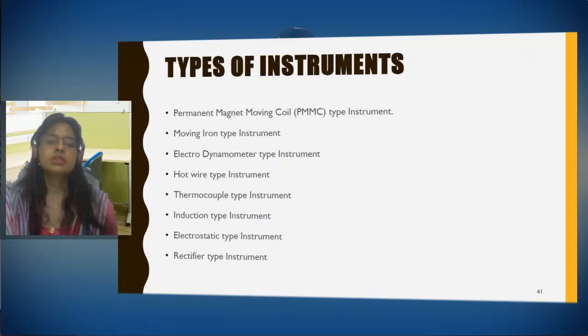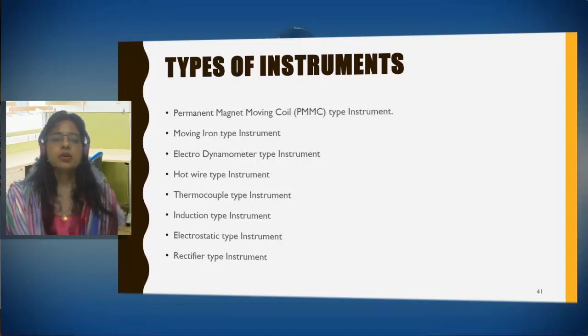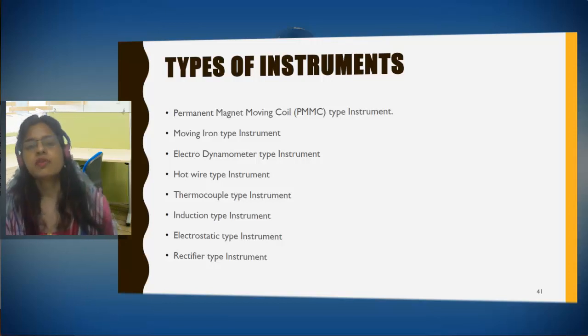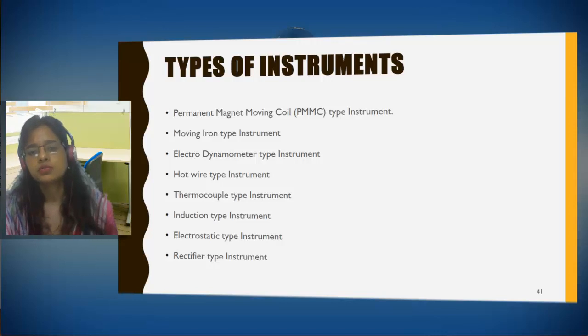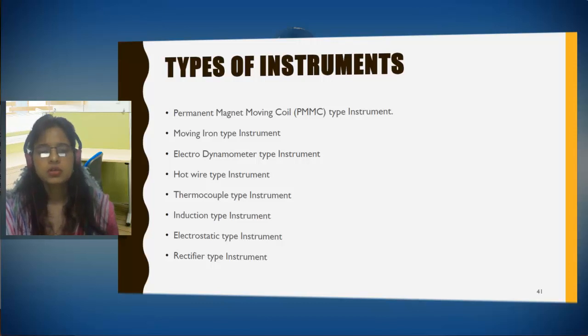Now I will move to the next topic. Till now we were talking about different types of analog instruments, and we discussed the different types of forces due to which we get readings of the quantity being measured. The forces helped in deflection of the pointer.